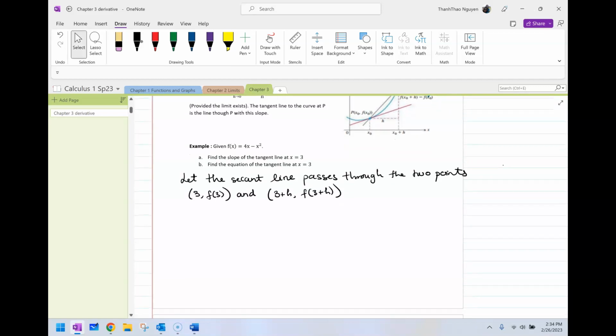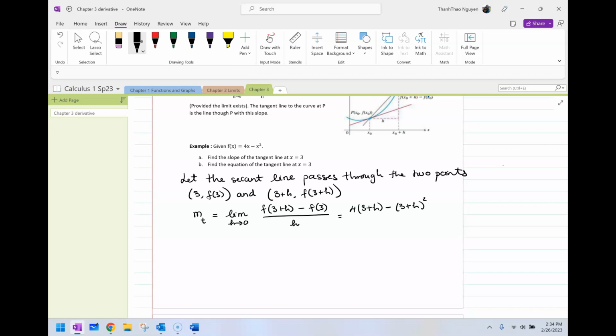Okay. Then the slope of the tangent line is equal to the limit as h approaches 0 of the difference quotient, f of 3 plus h minus f of 3 divided by h. f of 3 plus h equals 4 times 3 plus h minus 3 plus h squared, minus 12 minus 9.